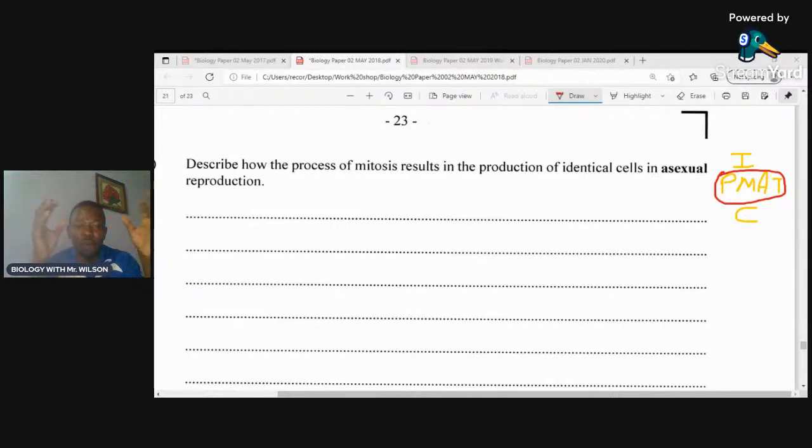Now, look at the word anaphase and the word away. Once you are seeing the A, it means then that the chromatids are moving to opposite ends of the cell. They are moving away.